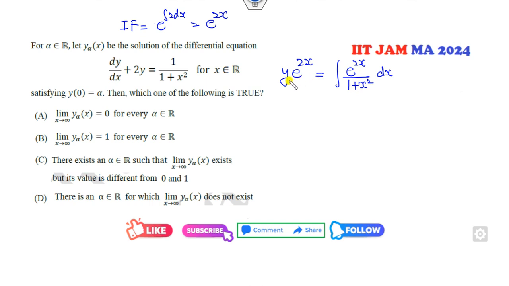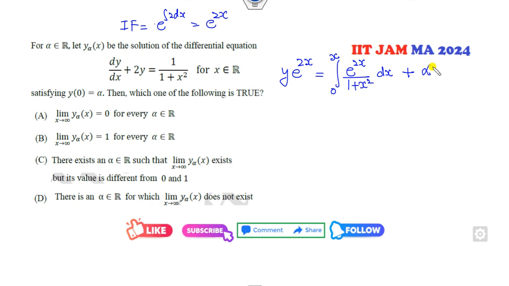So I can integrate from 0 to x, plus alpha. Now clearly, y of 0, that means when you substitute x is 0, the integral from 0 to 0 is 0, and e of 0 is 1, so it will be alpha.